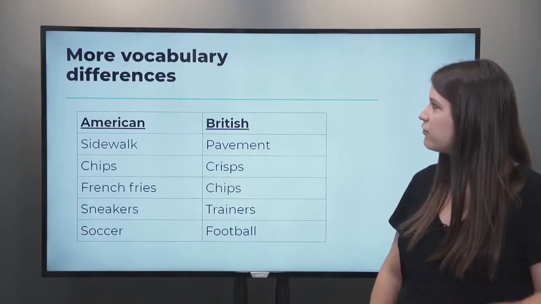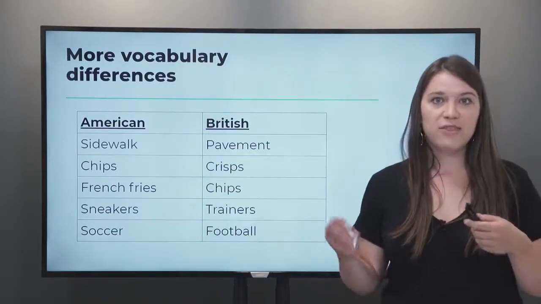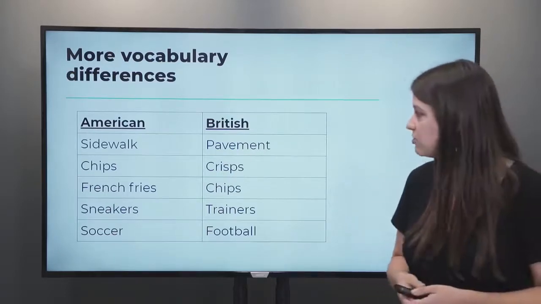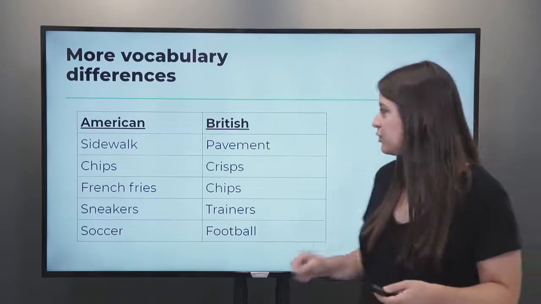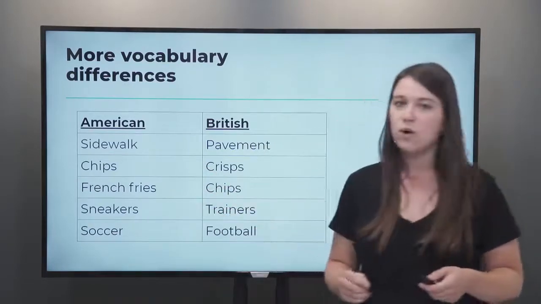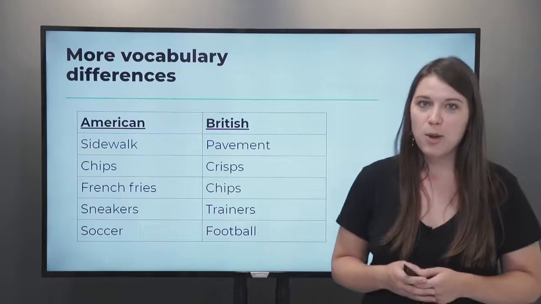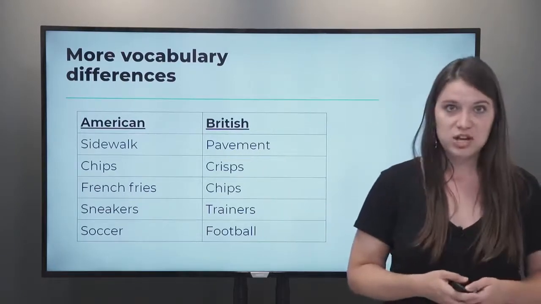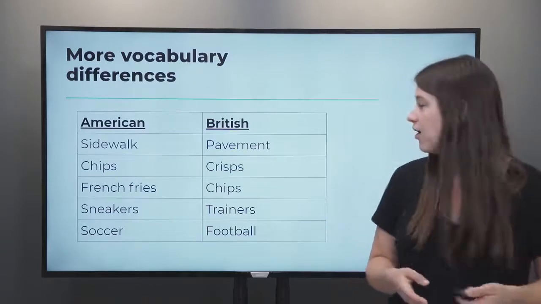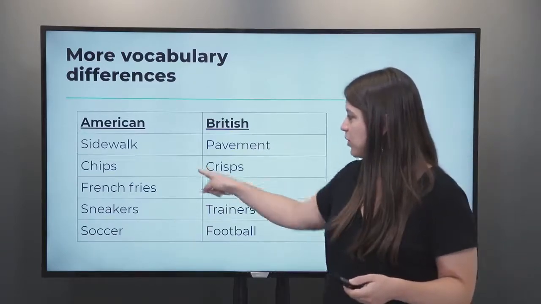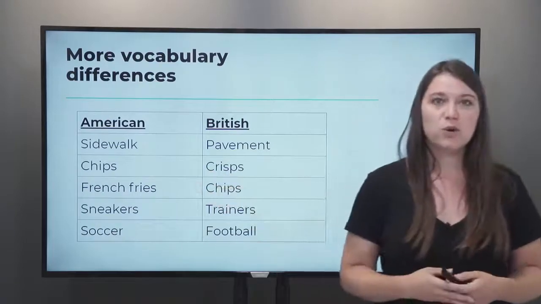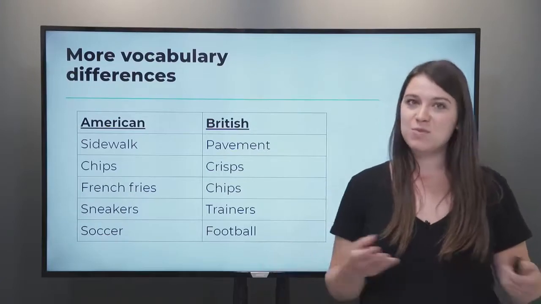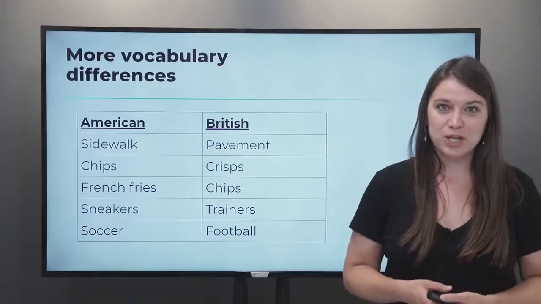Okay, let's look at a few more vocabulary differences. We have the sidewalk in American English and the pavement in British English. This is a really good one, these two here, chips and French fries. Chips in American English are called crisps in British English, and French fries are called chips. These are two important differences to know, because if you go to a bar or a restaurant in the States and you order chips, it's not going to be the same thing as if you order chips in the UK.